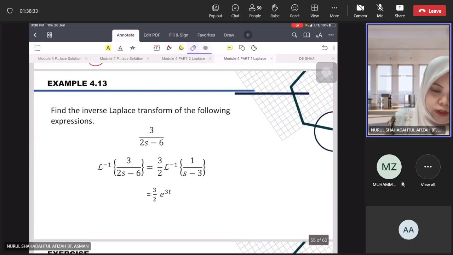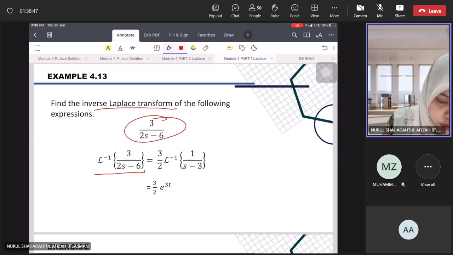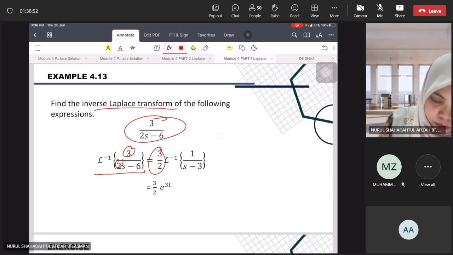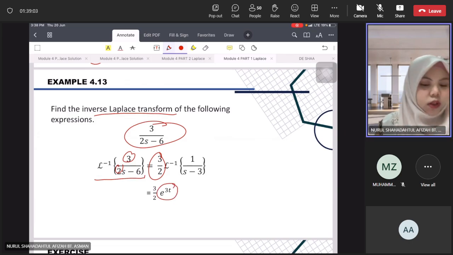The next one is almost the same. We need to find the inverse Laplace of the following expression. So this is the inverse Laplace. Same with that, we just bring out the 3/2 here. We get Laplace of 1 over s minus 3. So this one e to the 3T, same with this one.